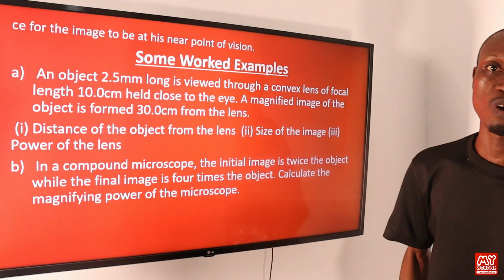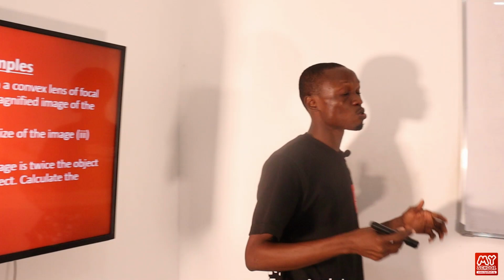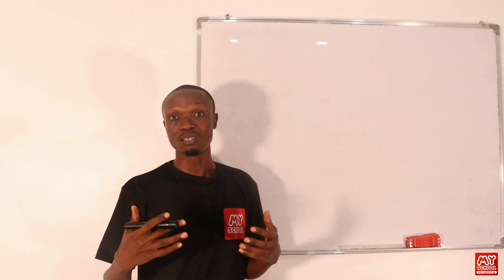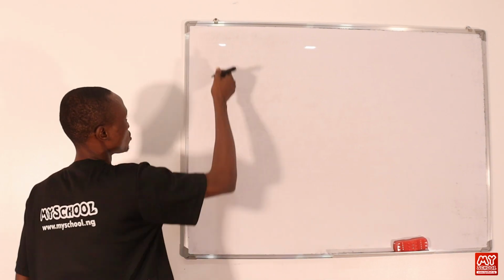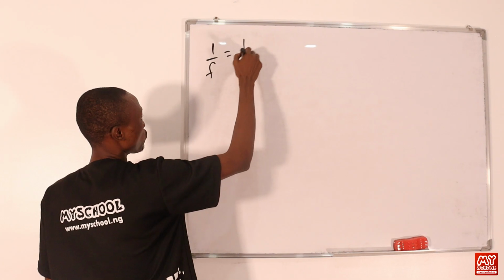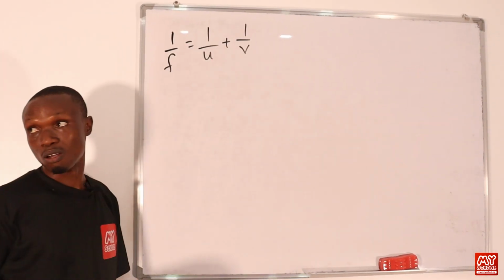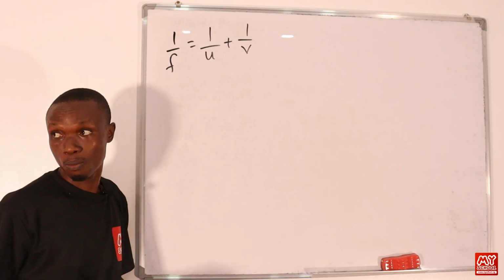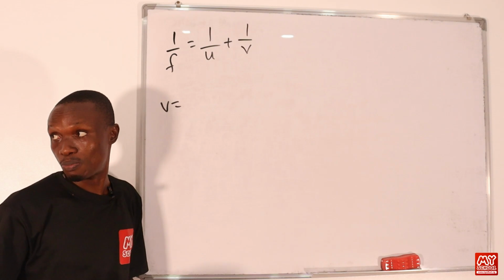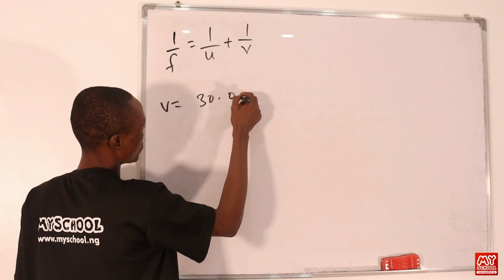So let's move over to the board to provide an answer to this question. Remember, we are still talking about lenses, so the lens formula is still applicable. The lens formula is 1 over f is equal to 1 over u plus 1 over v. But here we are looking for the object distance, so we are looking for u. So v is given to us to be 30.0 centimeters.